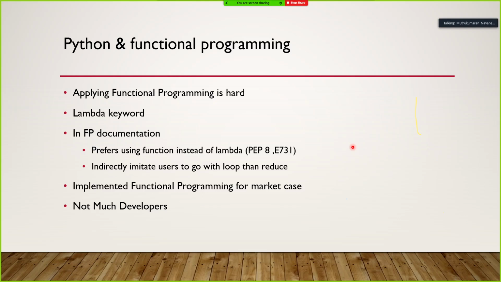Whenever you are going to create a function as a separate variable, you need something called the lambda keyword. As I said earlier, the purpose of Python is that whoever is coming into the market, they want them to adopt that particular language. If I'm going to create a library, I want to do it in Python, and give it for Python as well.